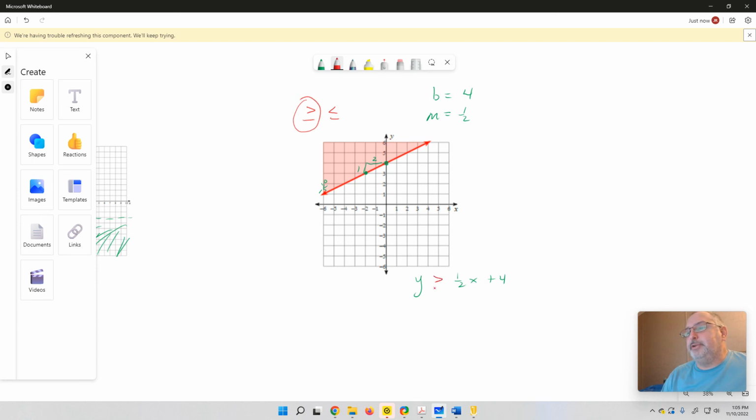So I'm going to do that, and then I'm going to test 0, 0. So we're right back to testing. 0 greater than or equal to 1/2 times 0 plus 4 is 0 greater than or equal to 4. No, so that means down here shouldn't be shaded, which is correct. I've got the top part shaded. So that means that's the correct inequality sign.